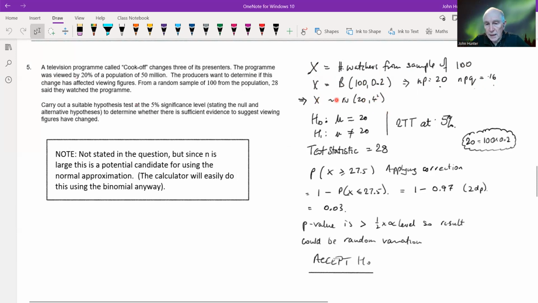Okay, so that's that. A normal distribution would represent the distribution of the number of watches. So our hypothesis is that the mean is 20.